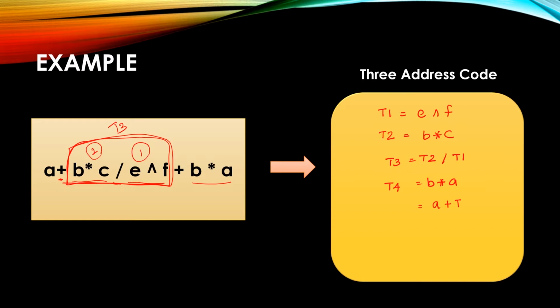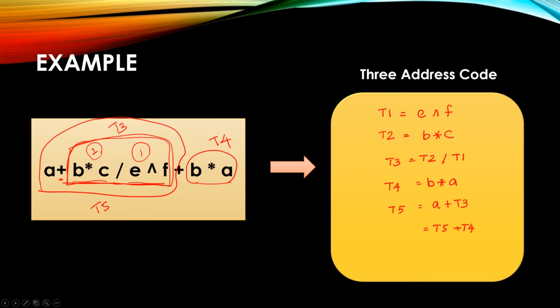So I am going to add A with the value present in T3, and the result will be stored in T5. The result of B star A is stored in T4. Finally, you have to add T5 and T4 and the result can be stored in the temporary variable T6. This is how a 3 address code can be generated for this expression.